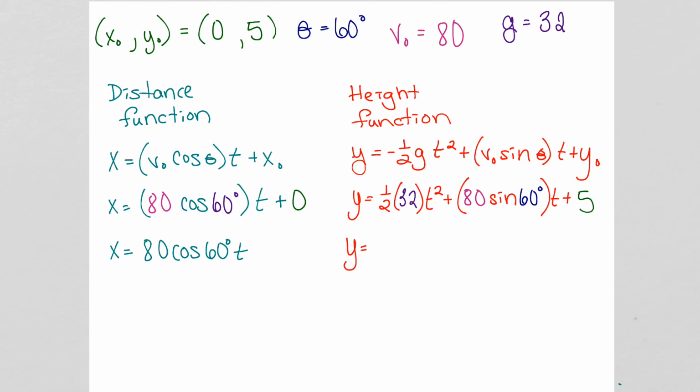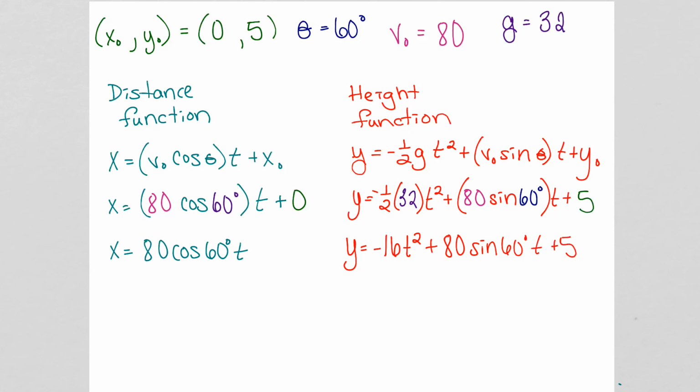Okay, we can simplify this. 1/2, oh, I forgot my negative up here. 1/2 times 32 is negative 16 t squared. Then we have 80 sine of 60 degrees t plus 5.